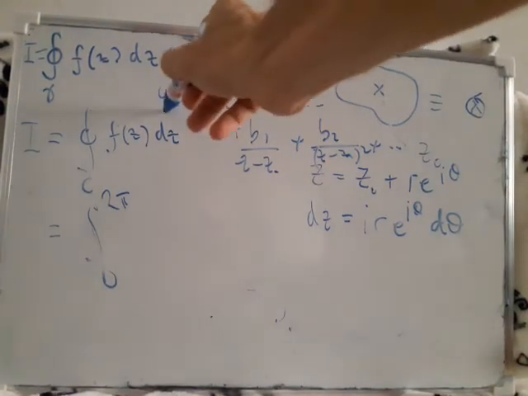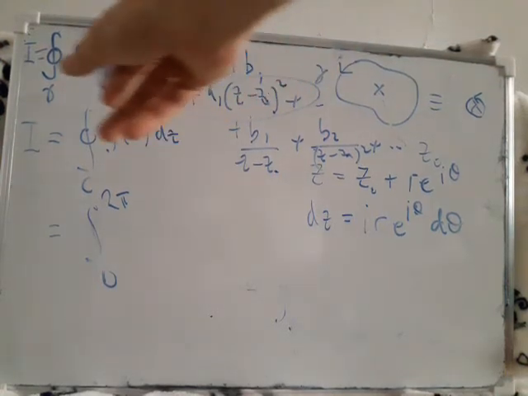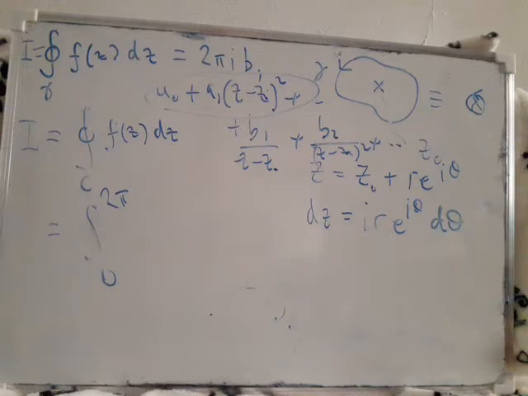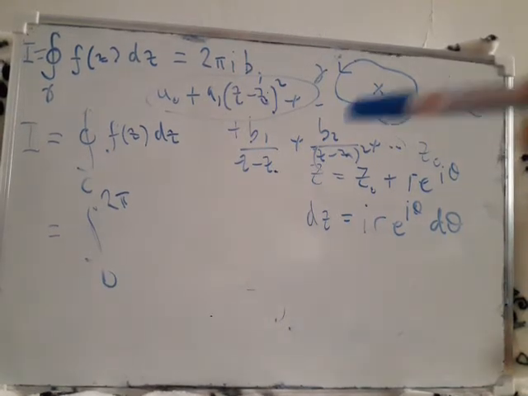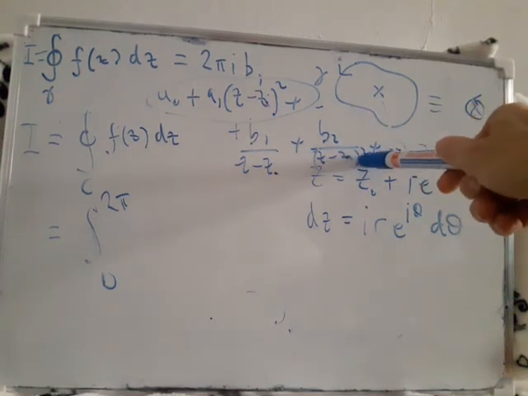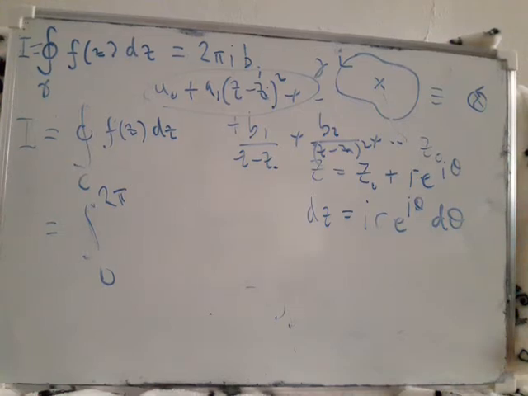Now all of these analytic terms, when I integrate around a closed loop, there's no problem with those, they're just 0. So the only ones I have to be careful about are the b1 over z minus z0, the b2 over (z minus z0) squared and so on. So I can integrate term by term.